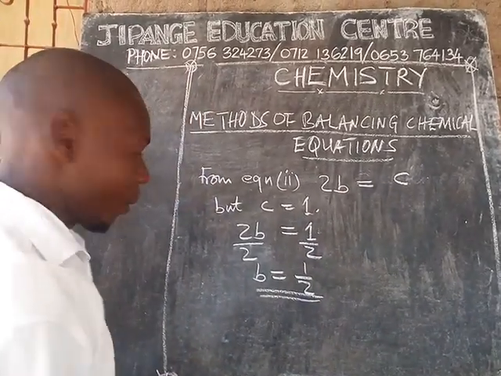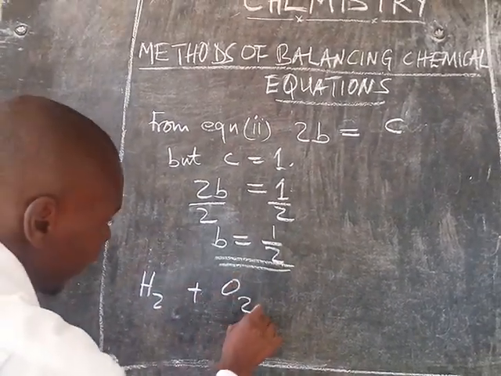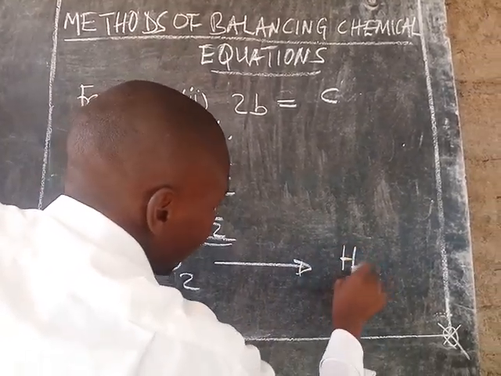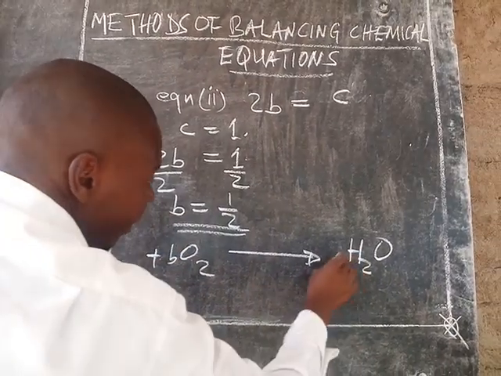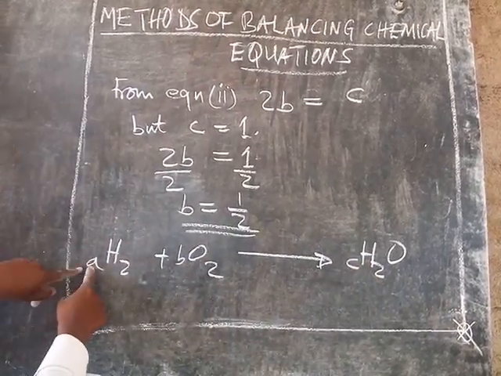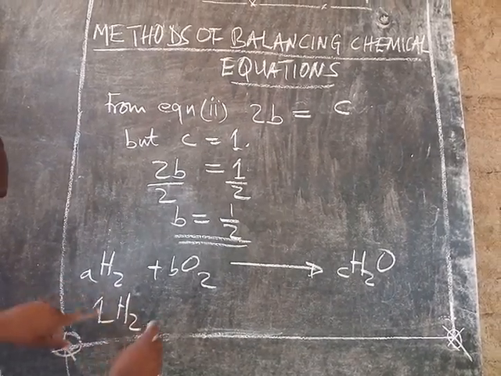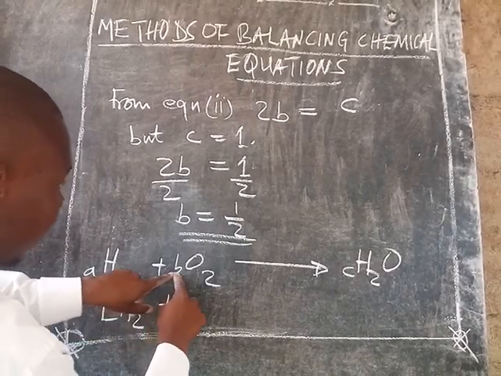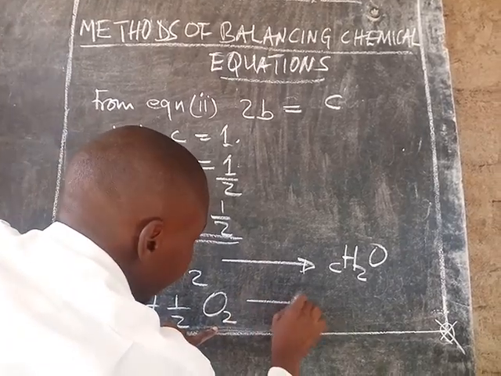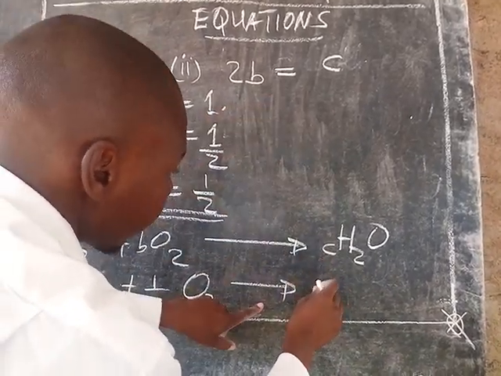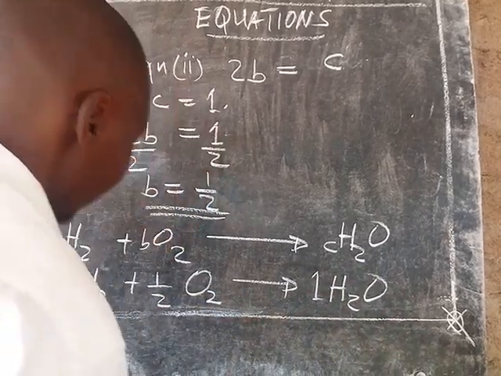So from our chemical equation, which is hydrogen plus oxygen to form water, here is A, here is B, here is C. The value of A, we know, is 1, so we have 1 hydrogen, and the value of B is a half, so a half oxygen. Then the value of C is 1, so we have 1 water molecule.